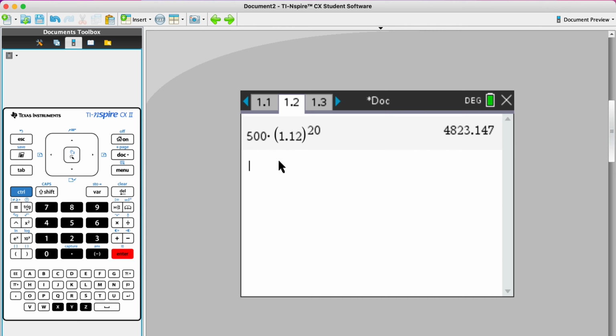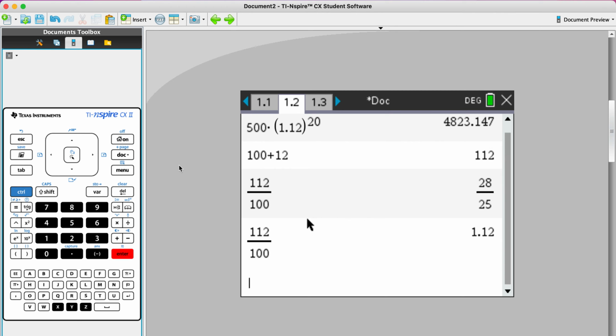Why is it 1.12? Because the initial amount will be 100 and it increased by 12%. Okay, so we have 112 and this 112 we divide by 100 to get the multiplier. So it will be 1.12. That's why it's 1.12 here.